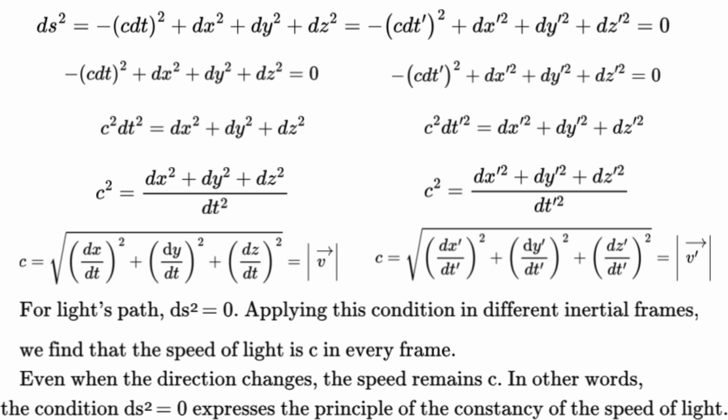Applying this condition in different inertial frames, we find that the speed of light is c in every frame. Even when the direction changes, the speed remains c. In other words, the condition ds squared equals 0 expresses the principle of the constancy of the speed of light.